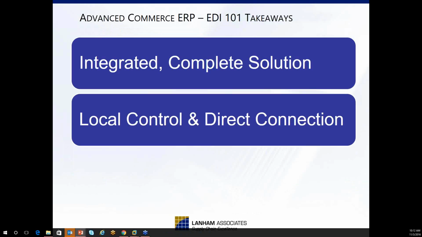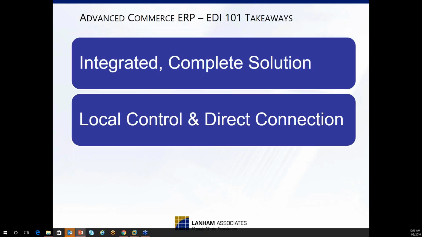This means that we have local control of our data and local ability to control our data and the environment. You can be as self-sufficient as you choose to be when you go with the Lanham solution, because you have access to everything: the mapping, the translation, cross-references, all the key elements that you need to operate, and I shall call the care and feeding of your EDI solution.